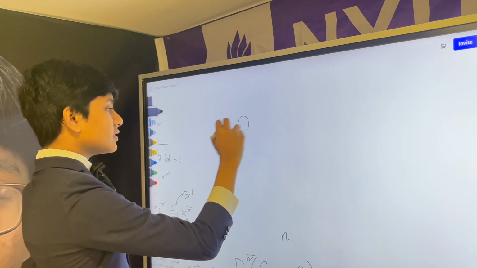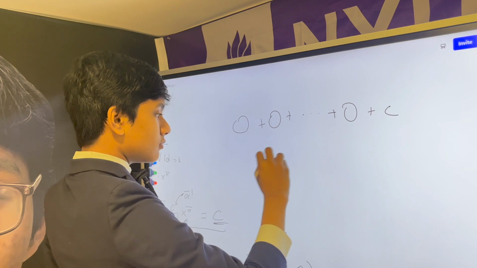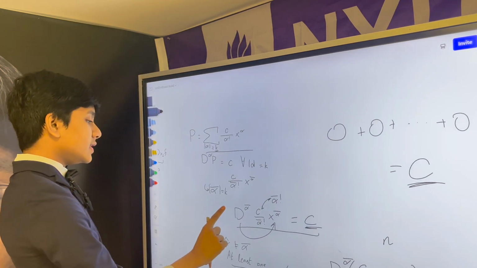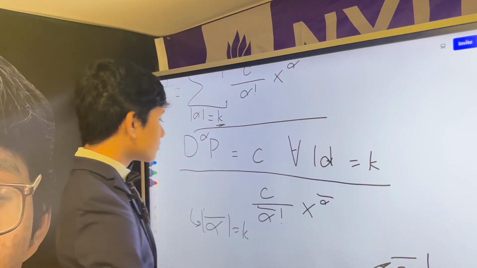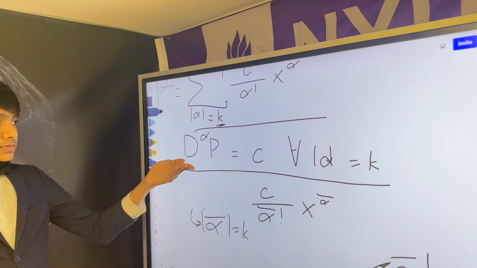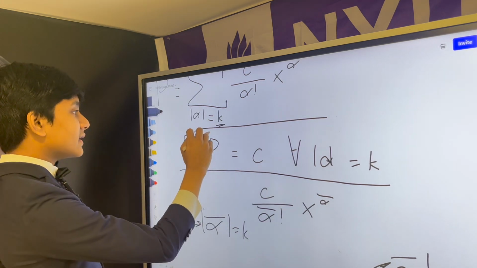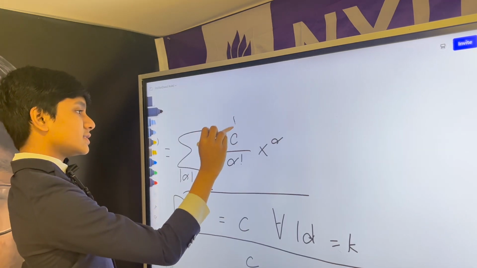So you're just going to have a bunch of zeros and then c, which reduces down to c, which means that this is true. Taking the derivative with respect to one of the multi-indices in the sum will always give you that constant sitting right there.